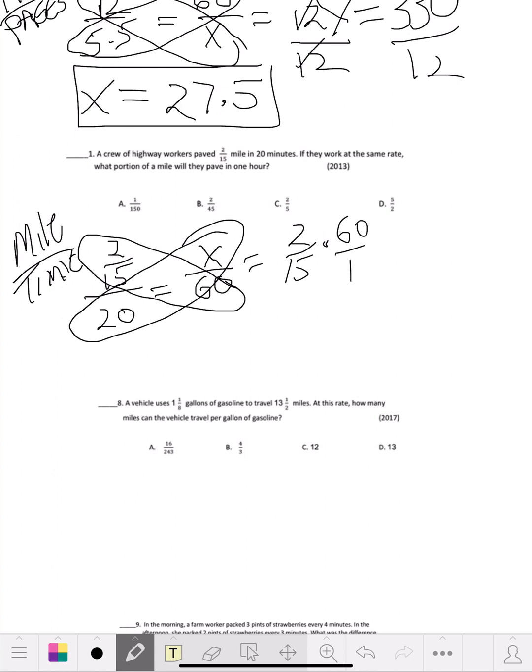So now, what's this going to equal? I could just multiply straight across and come up with 120 over 15. Or I could say to myself, hey, I know 15 minutes goes into an hour 4 times. So I could reduce this. I could make this a 1 and make this a 4. So what do I got?